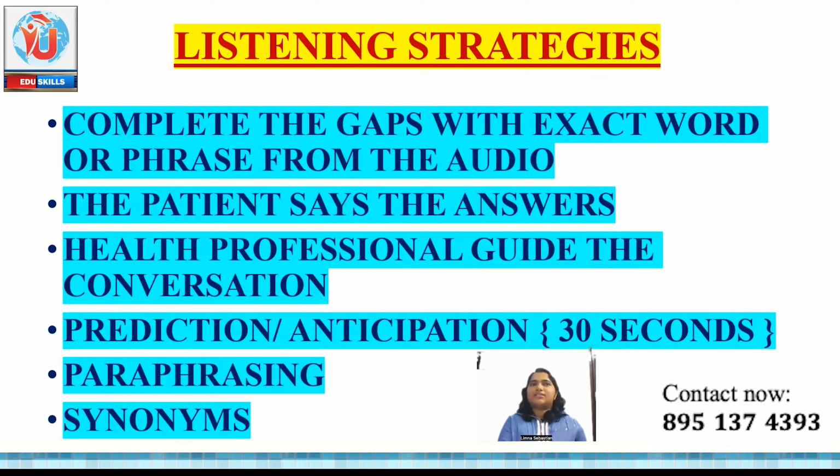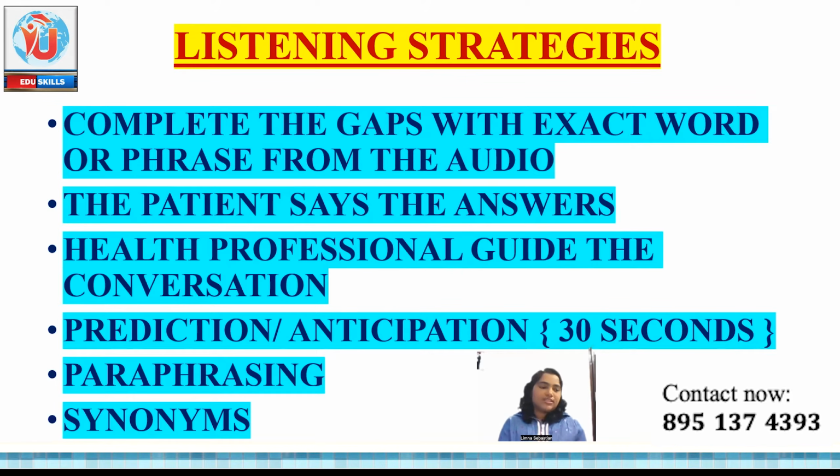The main thing is you should know about paraphrasing, synonyms, synonymous language, scales, contrast words, and modal verbs. It is very important in listening also, because in this language test they are assessing our competency in the English language.